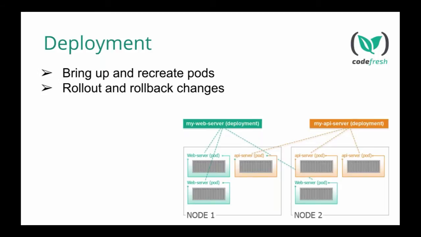If you want to roll out a new image, it will actually spin up a new pod with a new image and then shut down the old pod with the old image. So it really helps you to manage the pods, and we'll see that soon in the live demo. As we can see here in the diagram, you can have a deployment, and a deployment can manage multiple pods across multiple nodes.